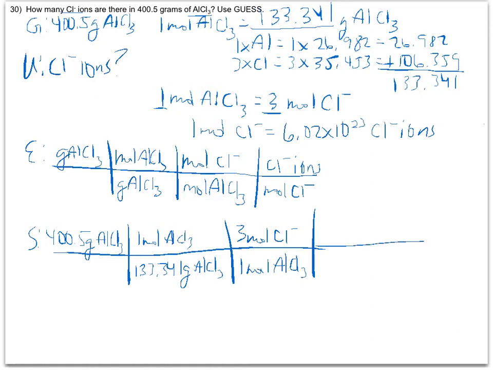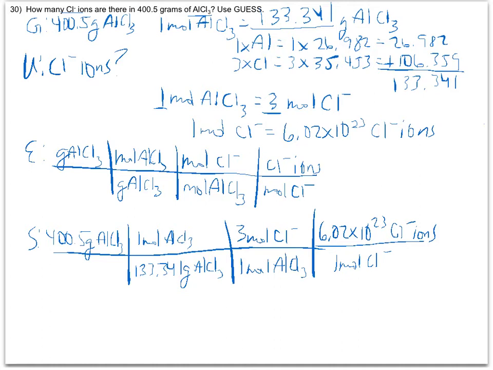And our last one, 1 mole of chlorine on bottom and 6.02 times 10 to the 23 chlorine ions on top. Again, that came from here.